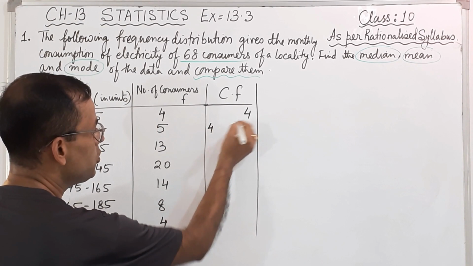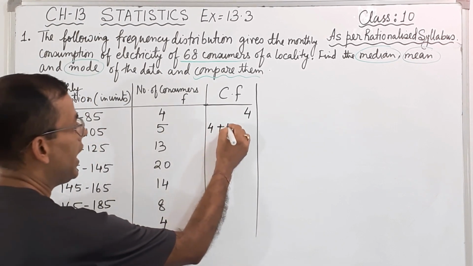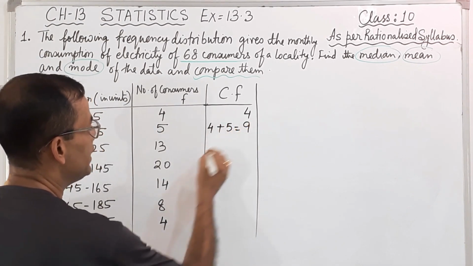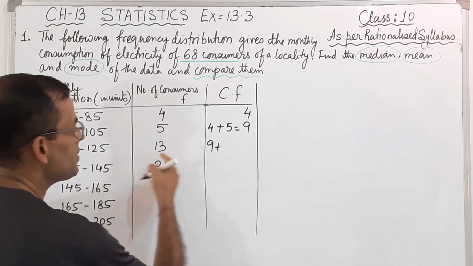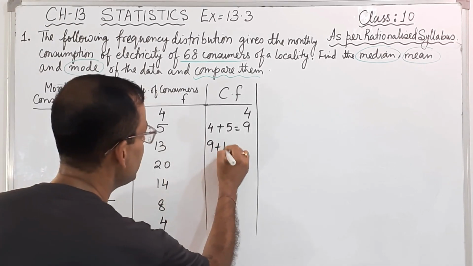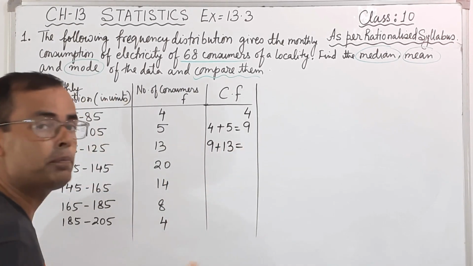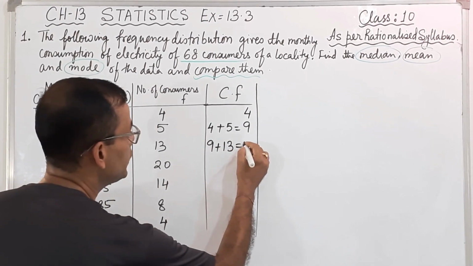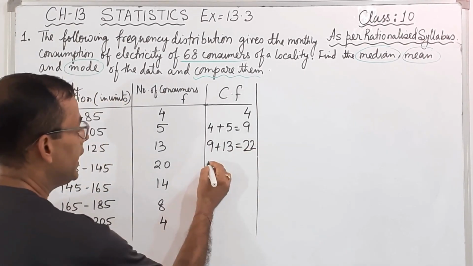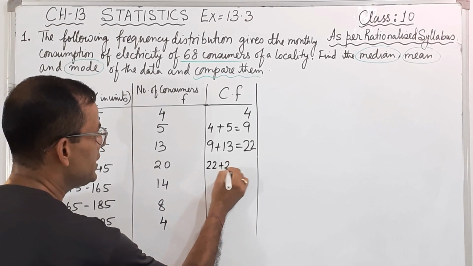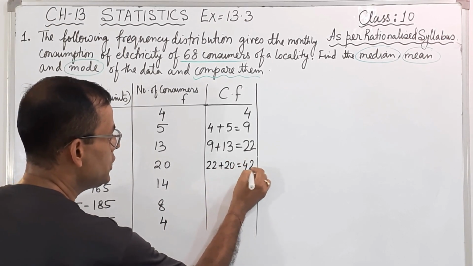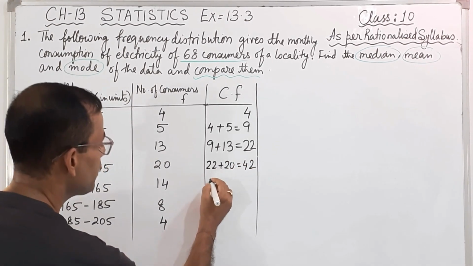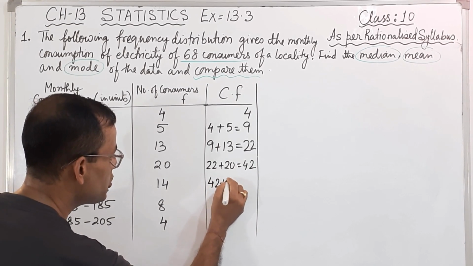After that, 4 plus the next one, 5, so what it comes? 9. Then 9 plus the next one, 13, so 9 plus 13 is 22. Then 22 plus 20, how much comes? 42. Yes or no? Then 42 plus 14.